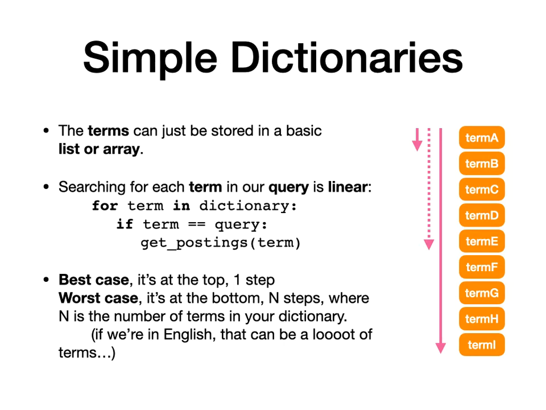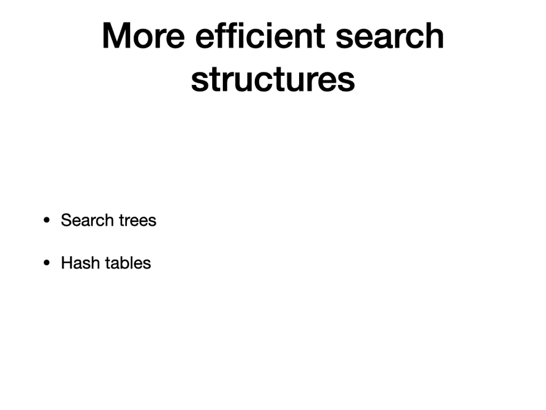We don't want to rely on a simple linear search just because there are so many other possibilities available. So we're going to talk about two of those today. First is search trees, and then hash tables, which incidentally are the way we're going to go in our own implementations in this course, just because they are wicked simple. At least the way that we use them is simple. We'll talk about how they work here today.